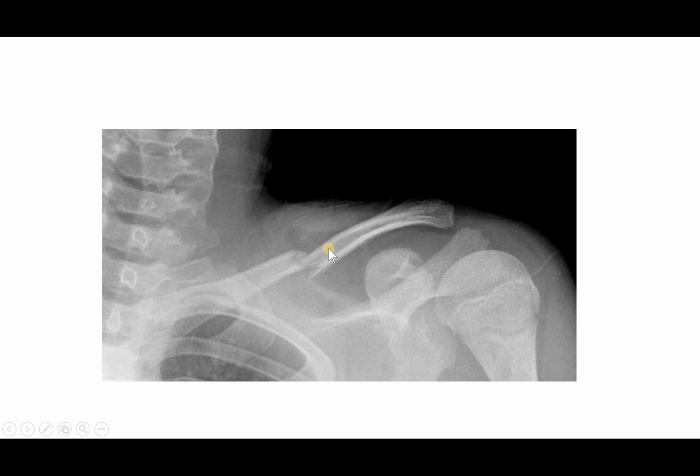This looks like a young person because of the growth plates, so youth. And we're seeing a break in the clavicle. So there's a mid-shaft clavicle break. Does not look like it's piercing the skin, and a fairly clean break right through the mid-shaft there.